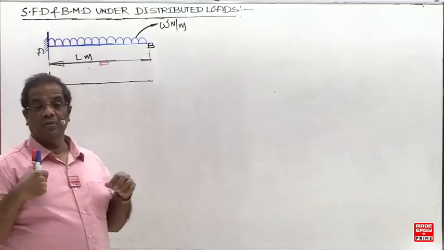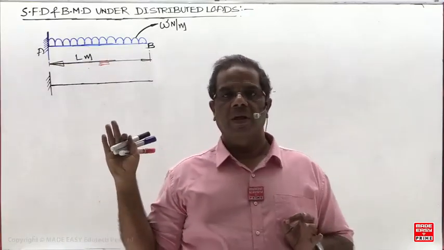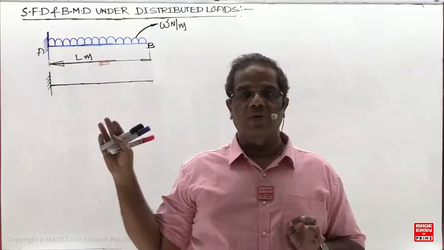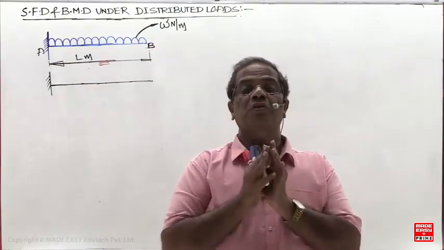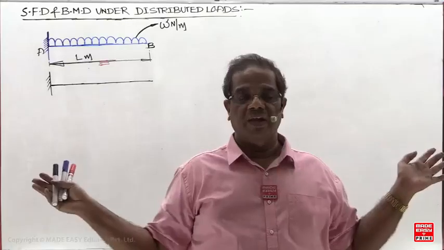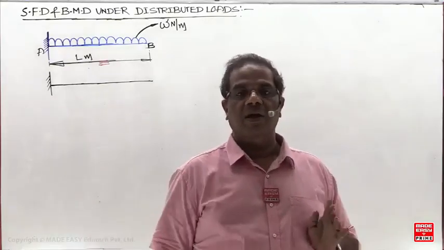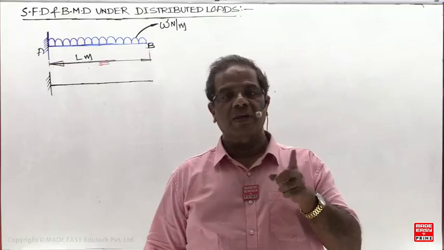If I use my procedure for constant load, there is no need to use any equations. Shear force equation is not required. Bending moment equation is not required. Point of contraflexure is not required.